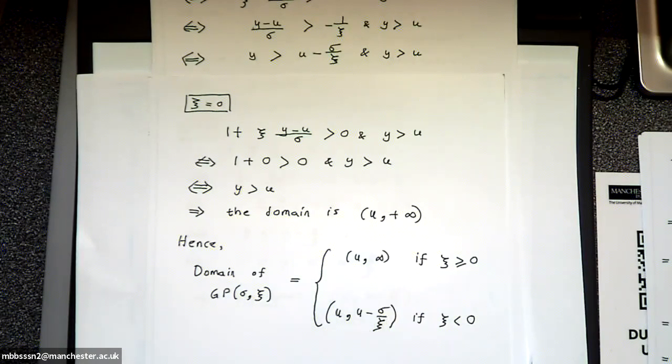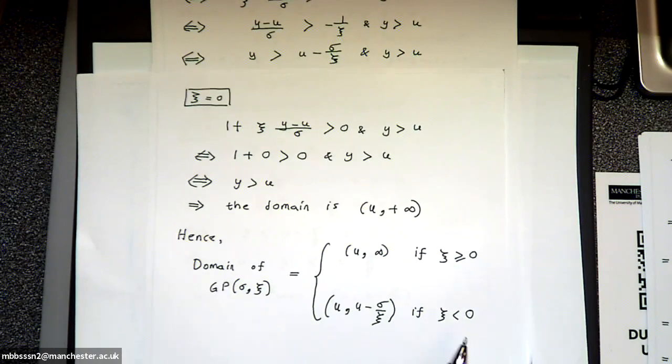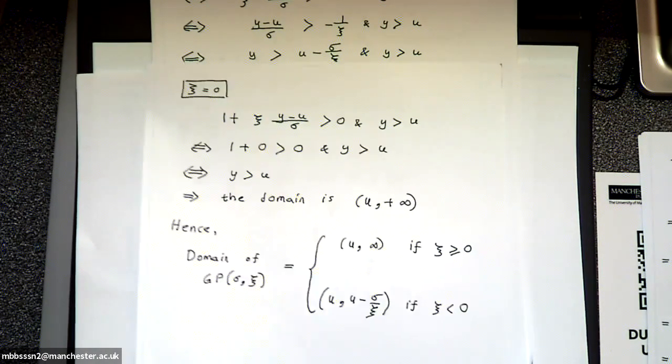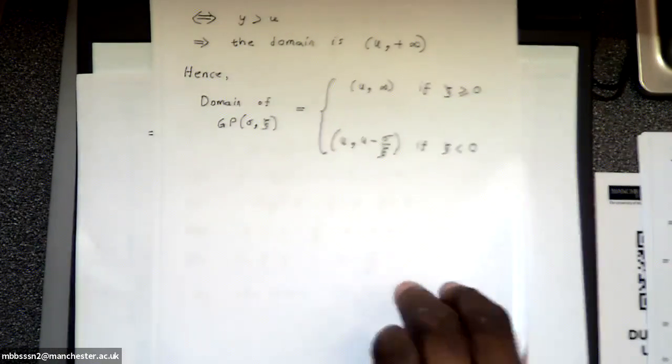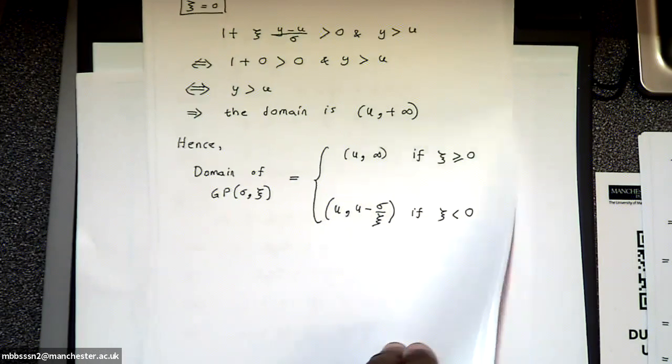So in summary, the domain can take one of these forms depending on whether the shape parameter is non-negative or negative. All right, so that's about the domain.